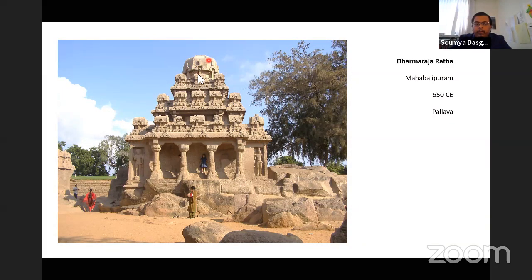All right. And as you can see, these smaller portions, smaller shrine-like things, they are reflecting the earlier wooden typologies that we looked at. All right, so these are like barrel vault-like structures which are placed in a certain proportion.